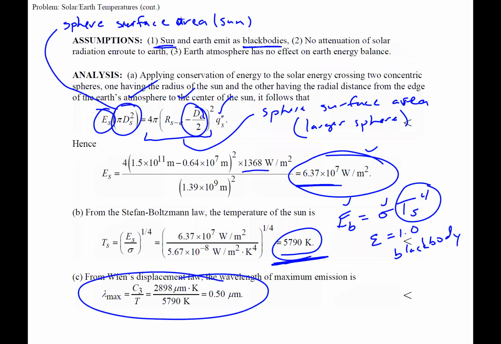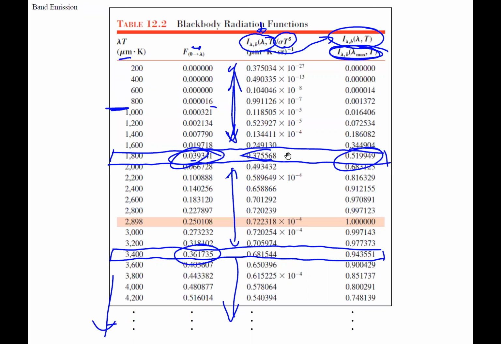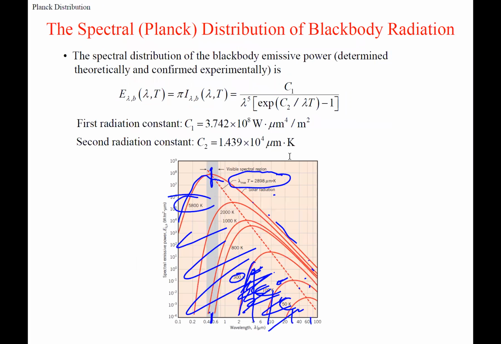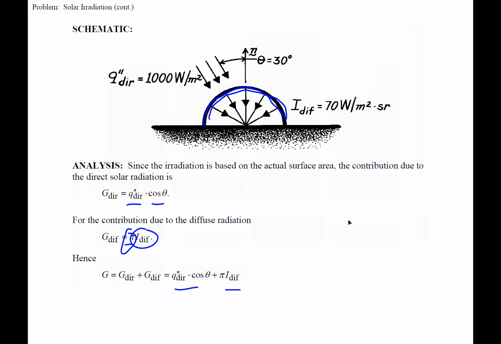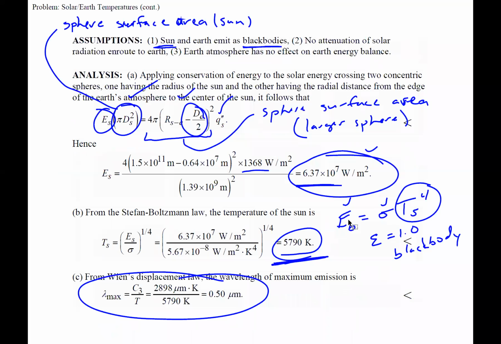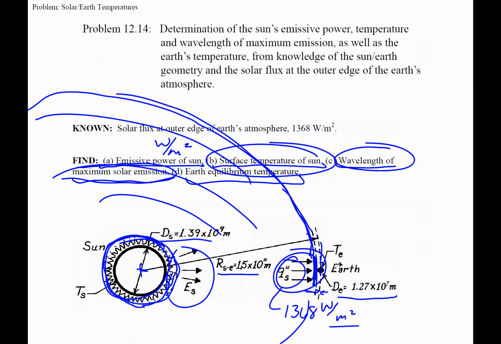Okay, and it becomes 0.5, which is also approximately what we would see if we just read this point and projected it down here on the x-axis. Questions so far? All right. Part D is the Earth's equilibrium temperature.